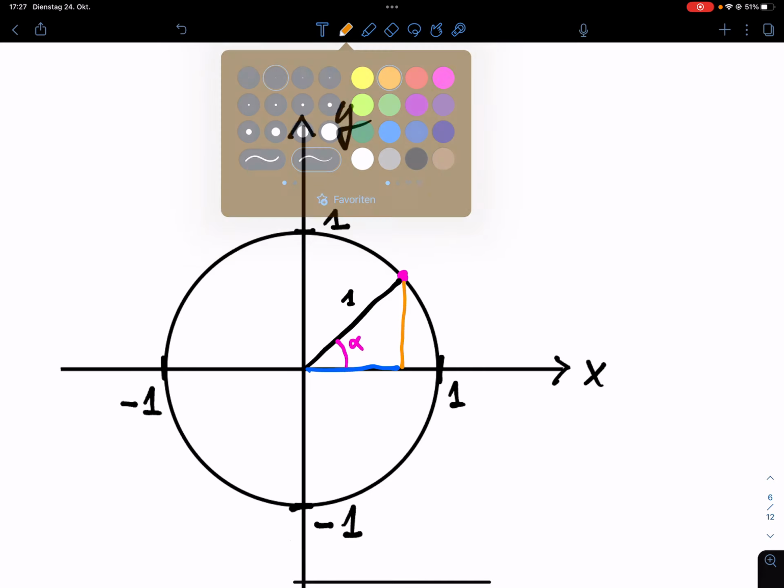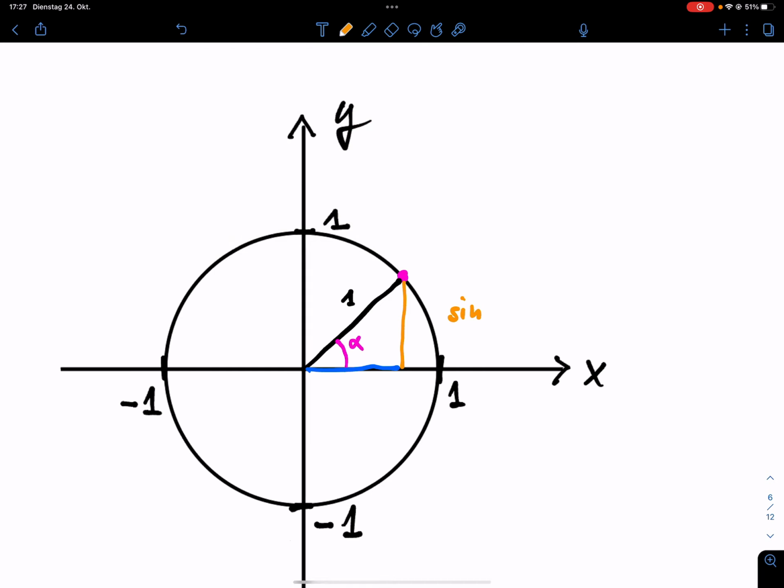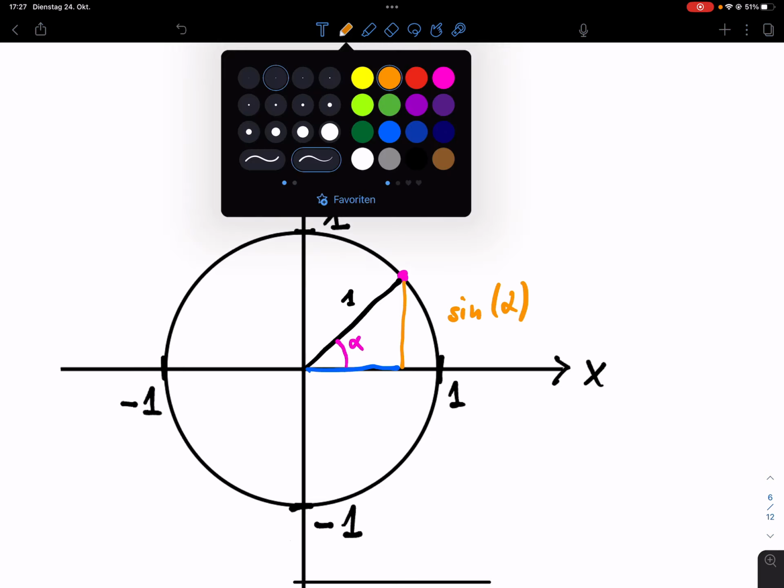Now I'm going to just focus on sine of alpha. You'll see that here you can ask yourself, well, where do you have the exact same height, in the sense of, is there another triangle in this unit circle that gives you the same height, or orange height, sine of something else?